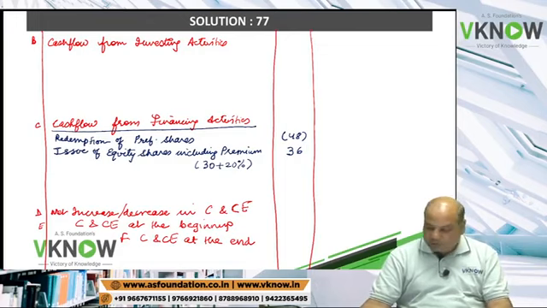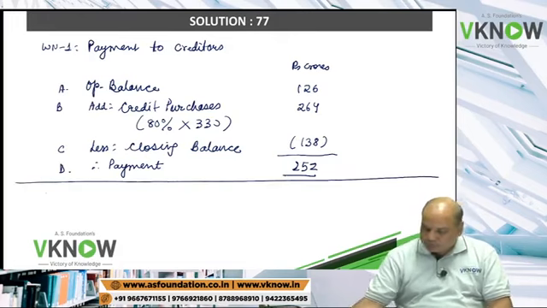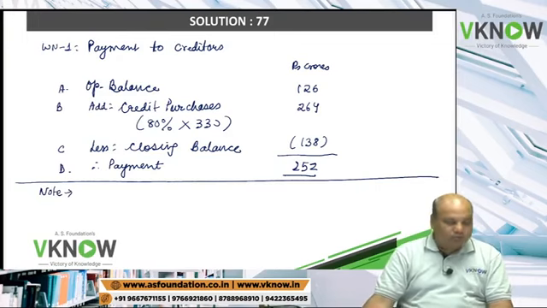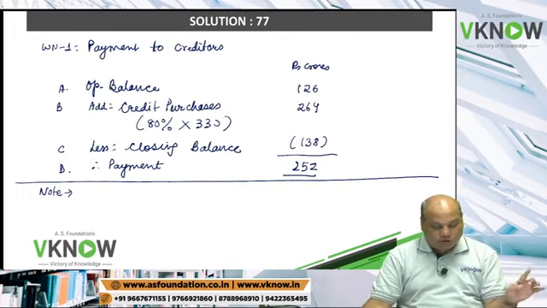Point number 7 will not come in cash flow statement. We will write a note for point number 7. Point number 7 says debenture of rupees 30 crore at a premium of 10% were redeemed. Debenture holders were issued equity share in lieu of their debenture.